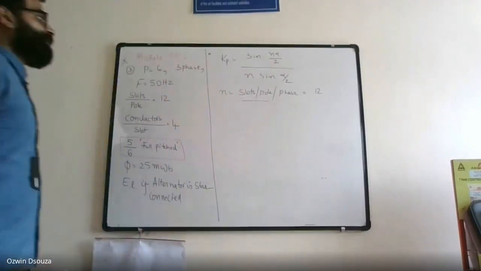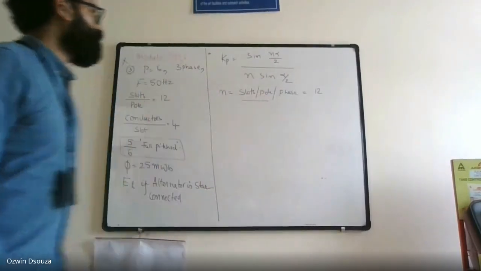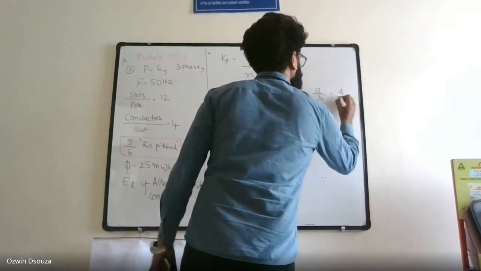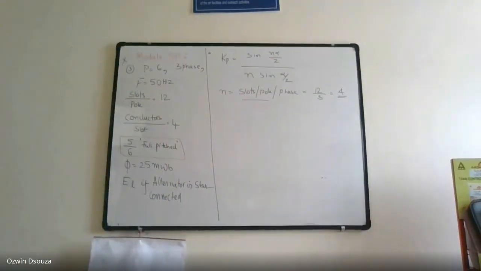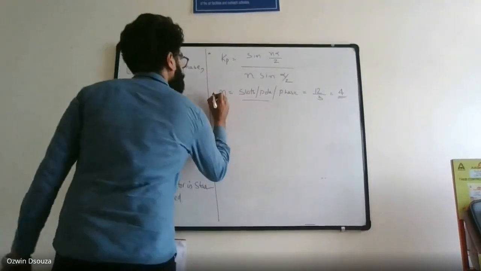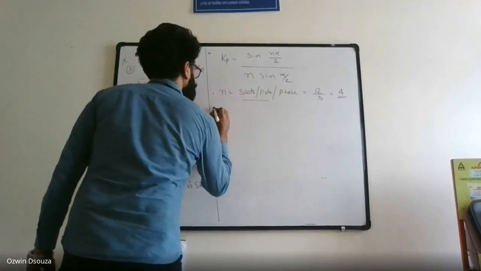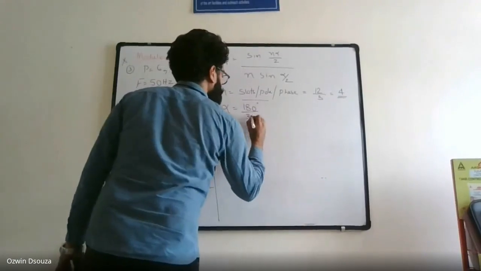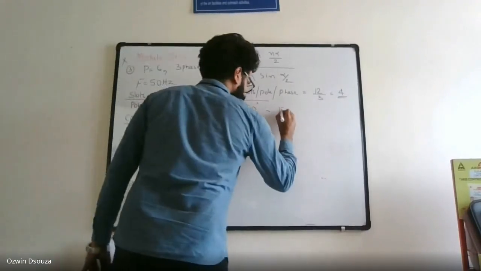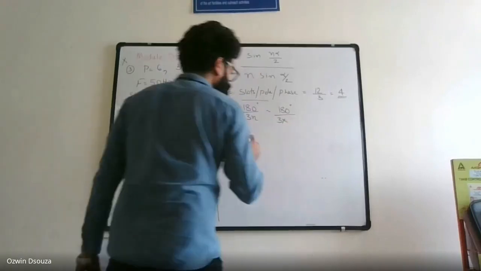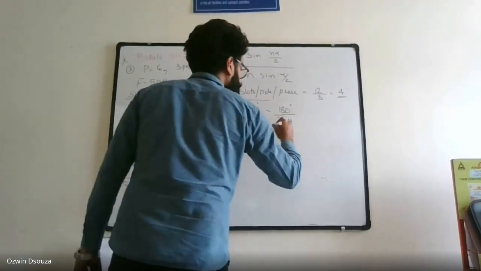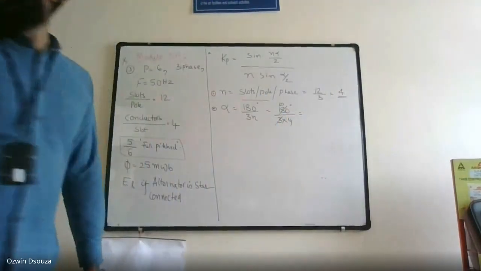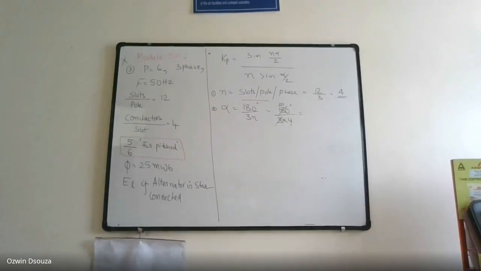It's a three-phase machine, so divided by 3, 4 is the value. So n is equal to 4 for this particular problem. And then you have alpha. Alpha is 180 degree divided by 3 into n, that is 4, so you will get the value of alpha.